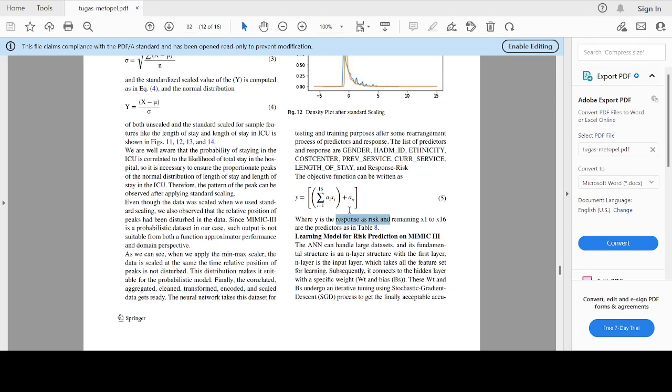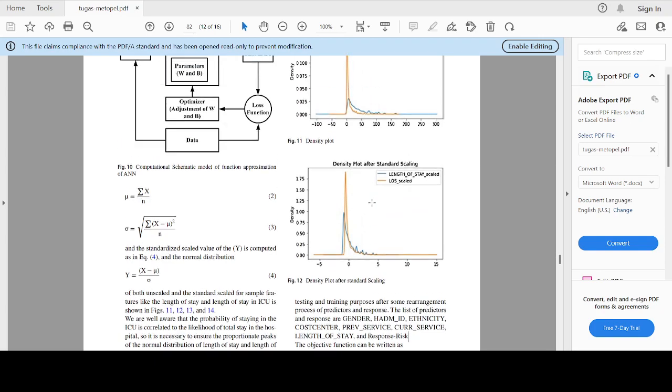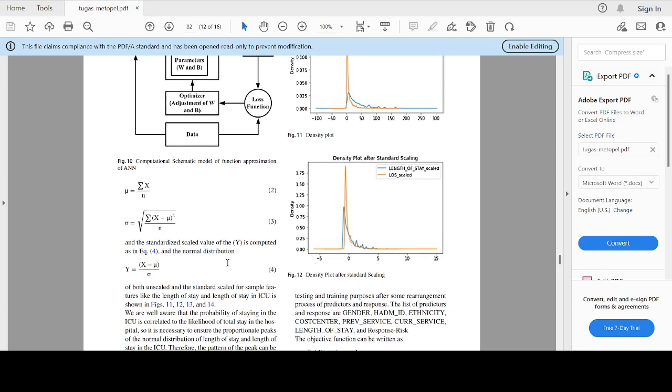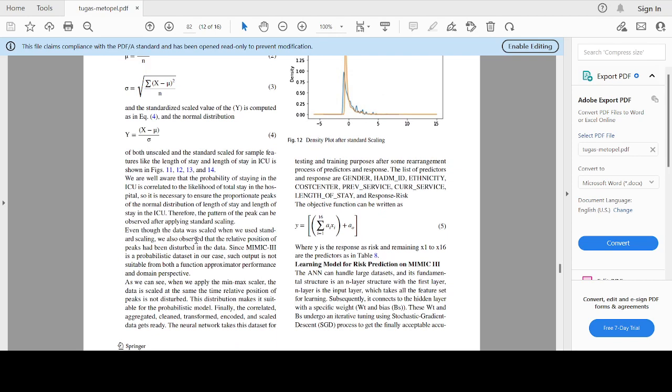So this is basically what data science research does: more focusing on creating the suitable data model that can be used in the algorithm, and then testing, of course, the performance of the algorithm.